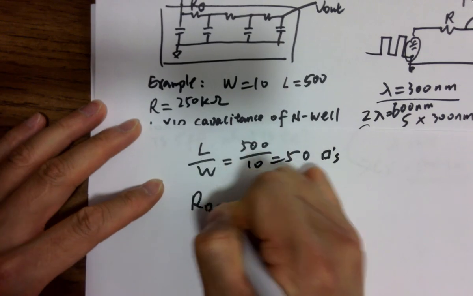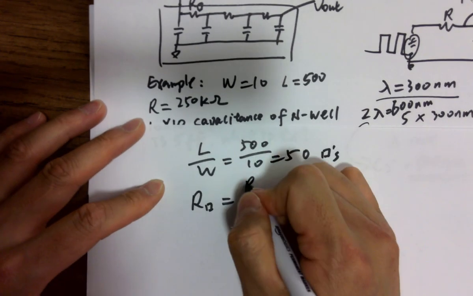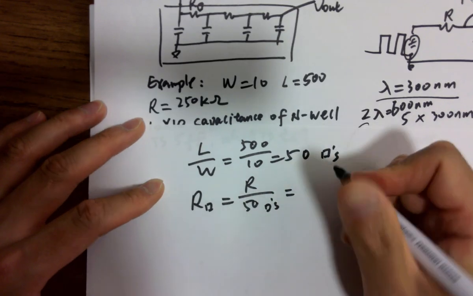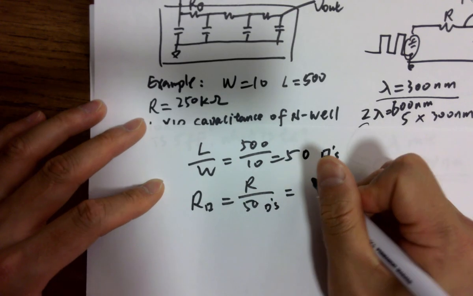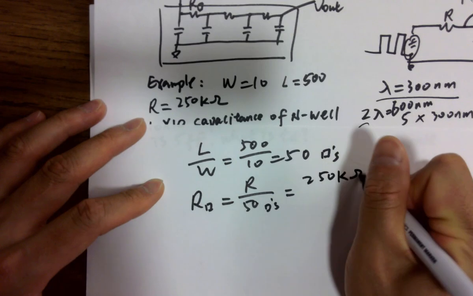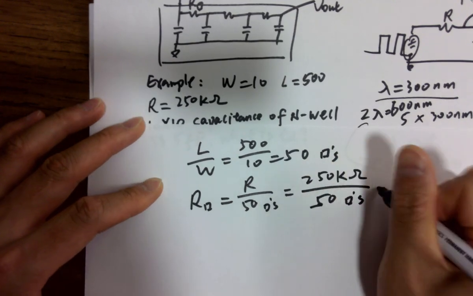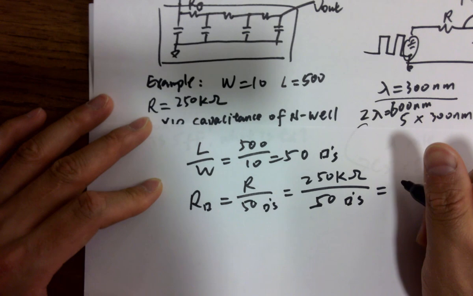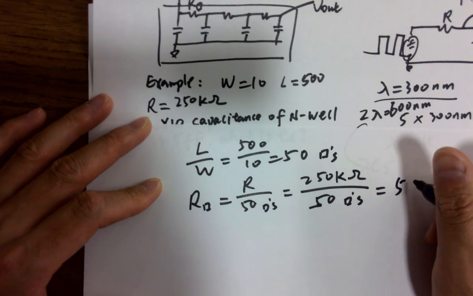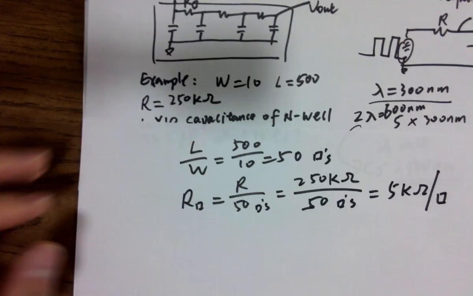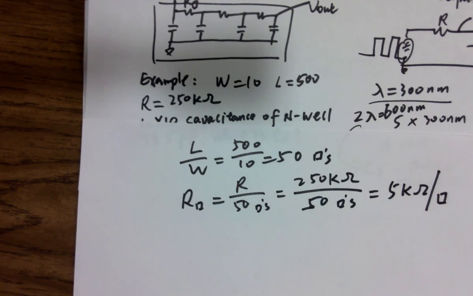R square equals R divided by 50 squares, which is 250k ohms divided by 50 squares, which is 5 kilo ohms. So the sheet resistance of this N-well is 5 kilo ohms.